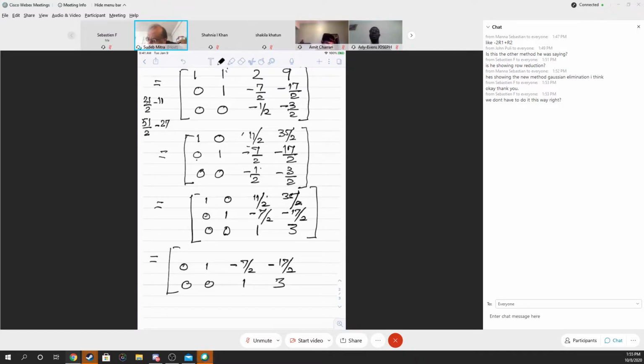Multiply the third row by -11 upon 2. Add it to the first row. So I'm multiplying this row by -11 upon 2. So this is 0. No, this is 1. Why should I make that 0? This is 1. I multiply this by -11 upon 2.